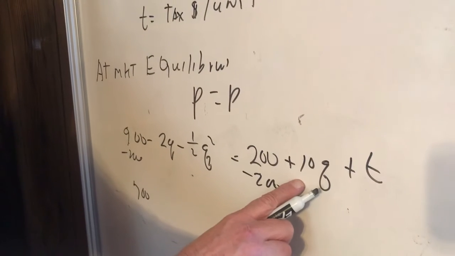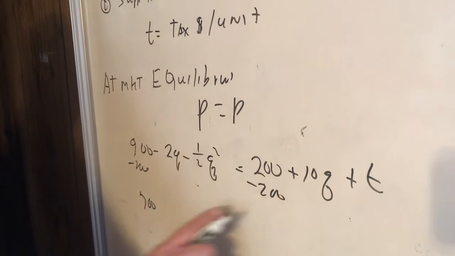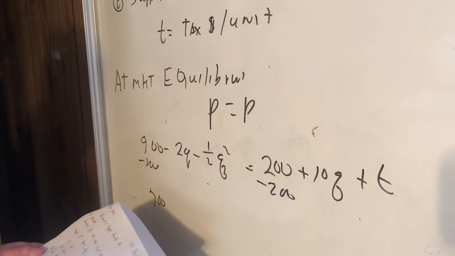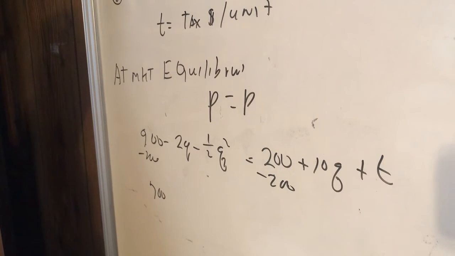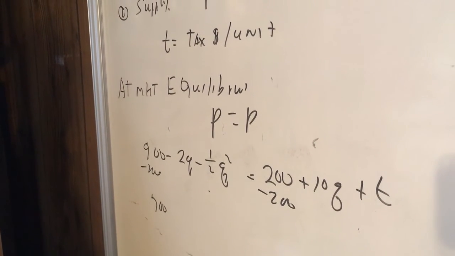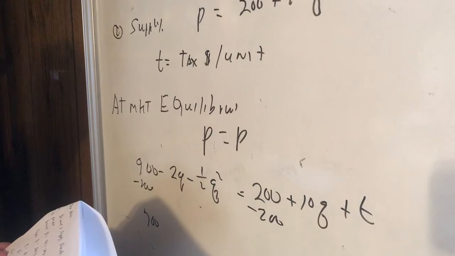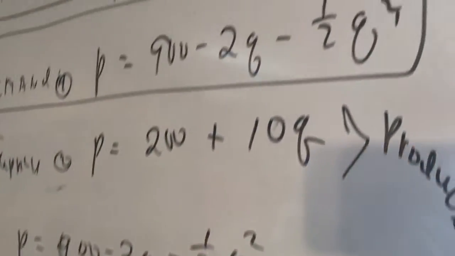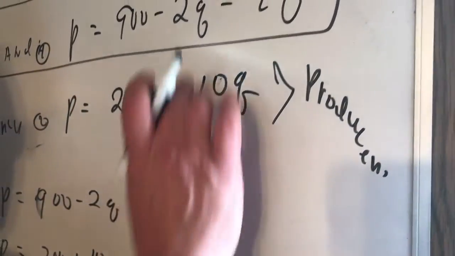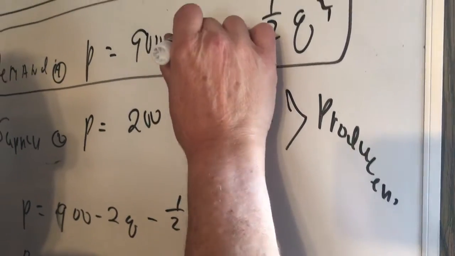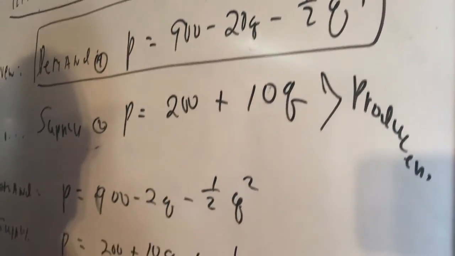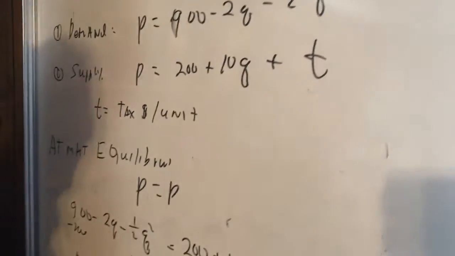I'm going to bring minus 10Q over, subtract them here. The original one I gave you before was 20Q, and minus 1/2 Q squared.